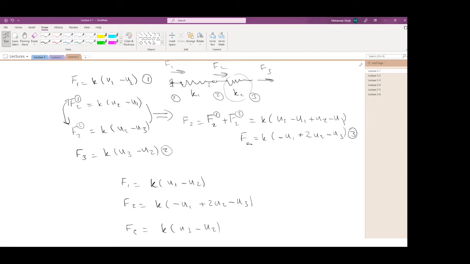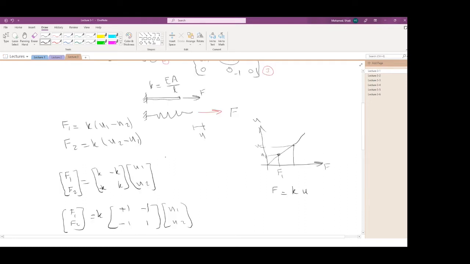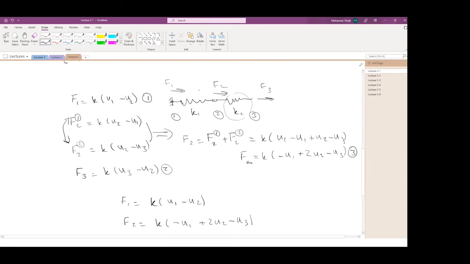All right, the split of F2. Okay, so I have the value of F2 coming from one spring or the other spring. Here, for the time being, I assume that you don't know F2.